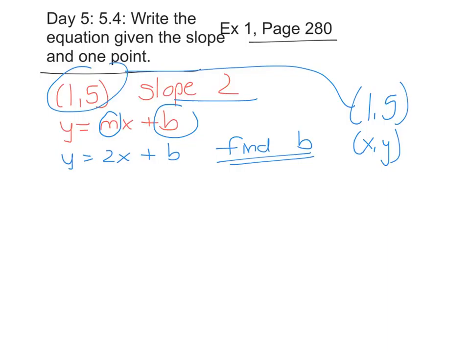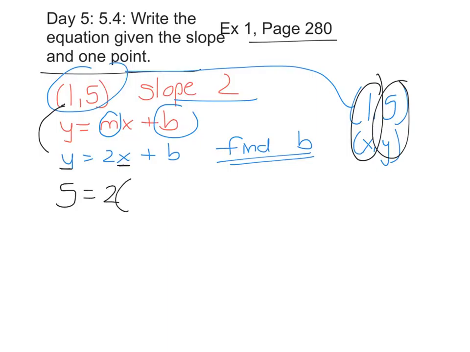So we're going to use these points, know that x equals 1 and y equals 5. And we're merely going to substitute in what y equals and what x equals according to this point right here. So we're starting out with y equals 5, so that's my 5, and 2 times my x equals 1 in this equation.